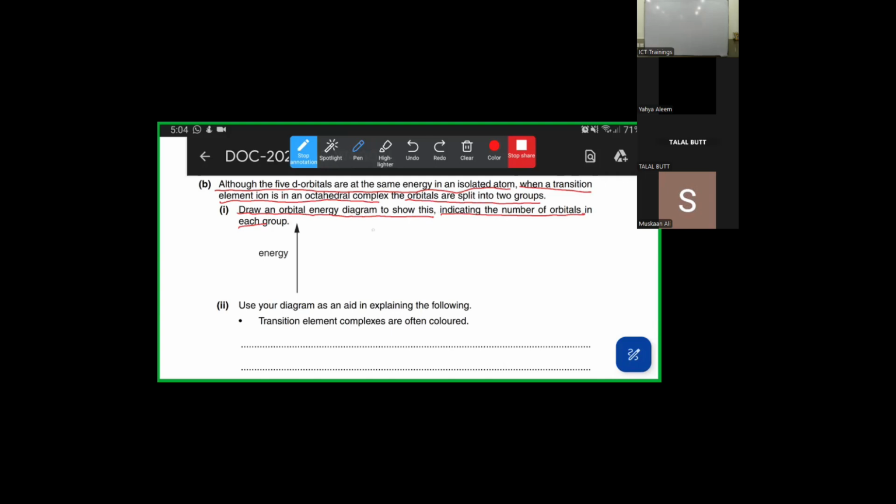So in an octahedral complex, the ligand provides its electron through the axis. The two d orbitals present on the axis shift to a high energy level, whereas the three remain at a low energy level like that. Use your diagram to explain why transition metal ions are often coloured. I told you the whole reason.